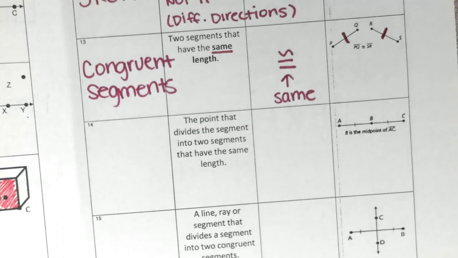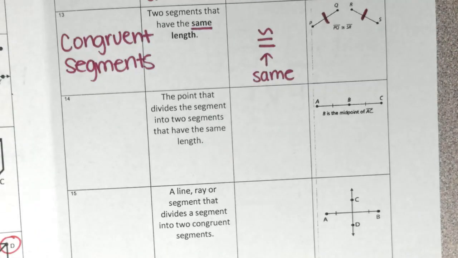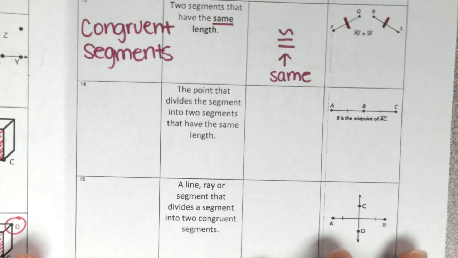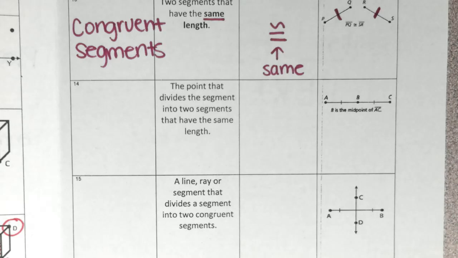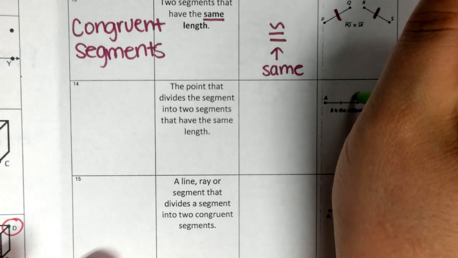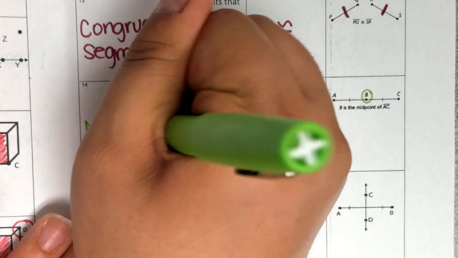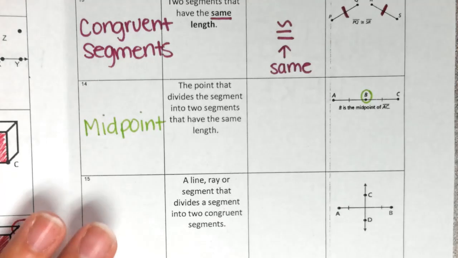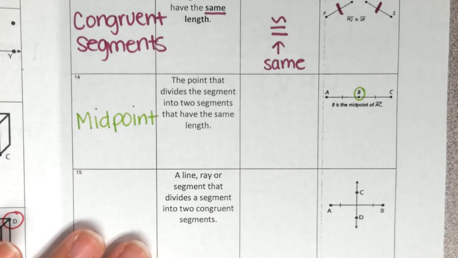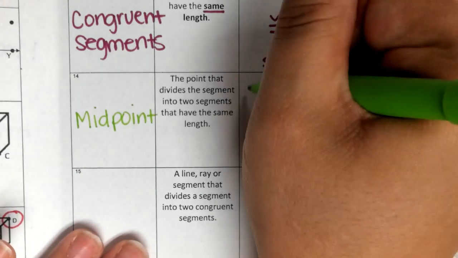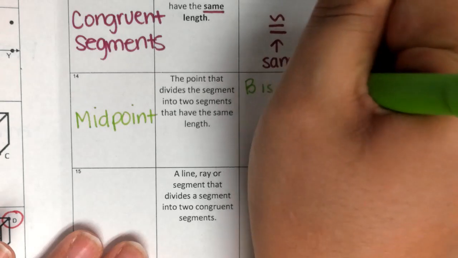All right, last thing we're doing, last two. Something is in the middle. It divides it into two segments that have the same length. What do we mean if something is in the middle? What do we call it? The midpoint. The midpoint is the middle. And so I would say B is the midpoint.